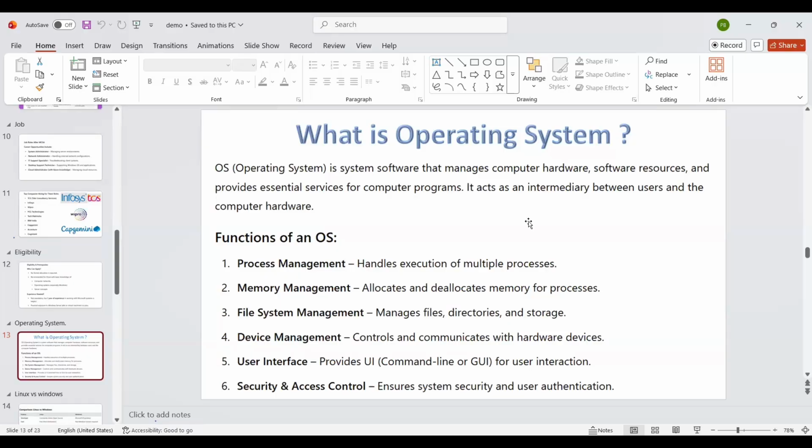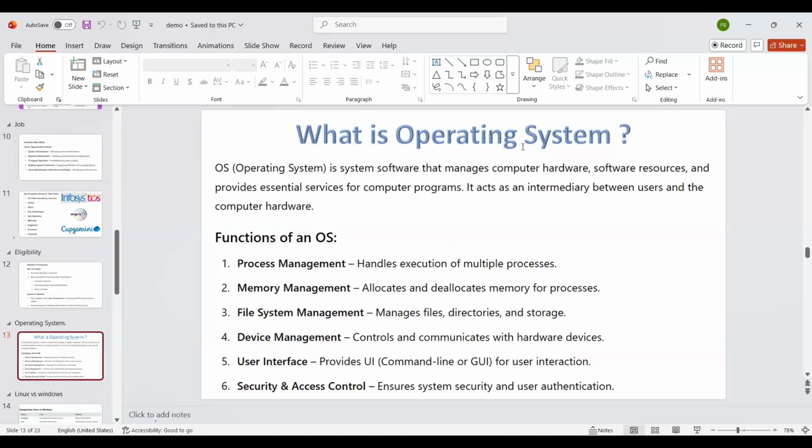The translator role is done by the operating system. So our operating system works just like a translator. Whatever instructions we have, we give to our operating system, and these instructions pass to the computer hardware.